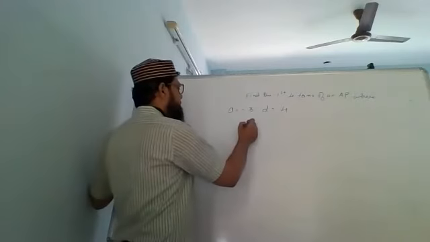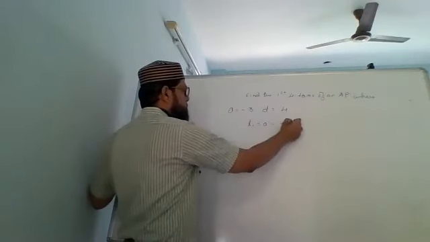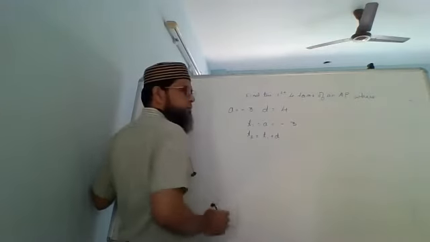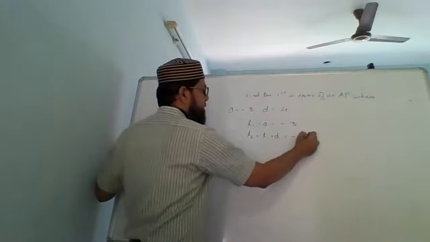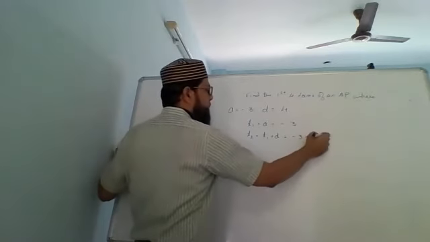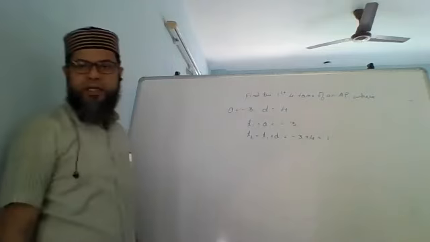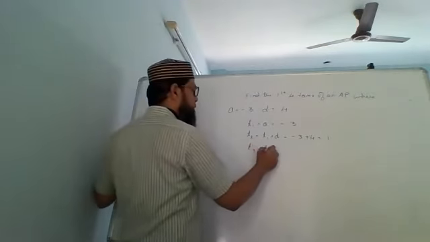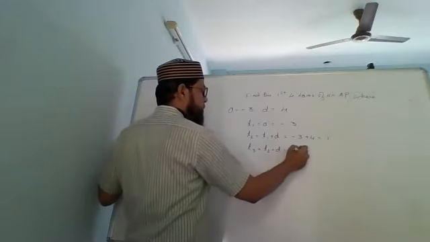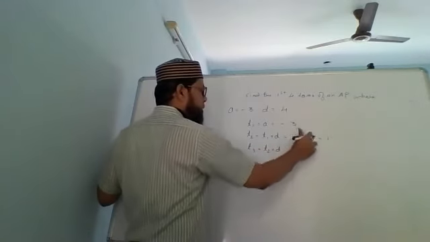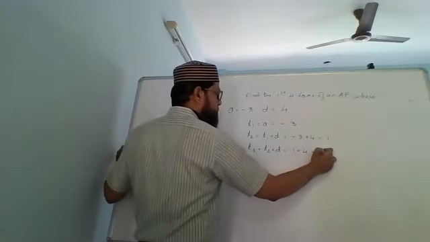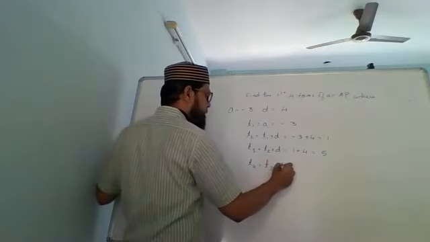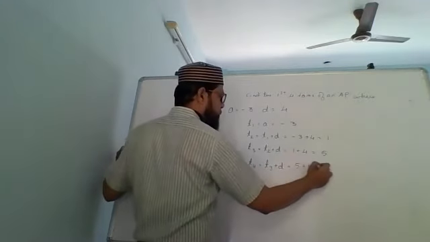Now we know A is nothing but T1. What is T2? T2 is T1 plus D. T1 is minus 3, plus D which is 4. Minus 3 plus 4 is 1. T3 is T2 plus D. Now T2 is 1, plus D, which is 5. Similarly, T4 will be T3 plus D, which is 5 plus 4, which is 9.